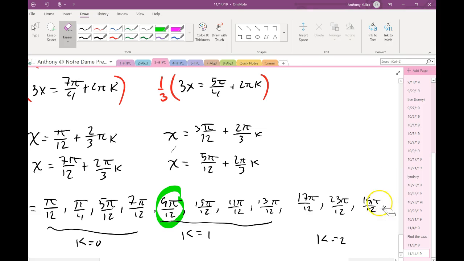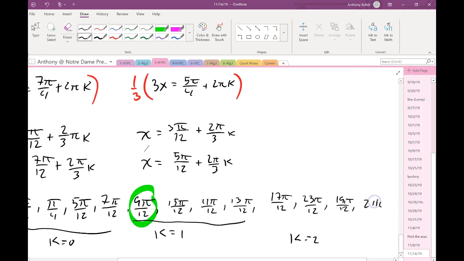Still less than 2 pi. And I get 21 pi over 12. Still less than 2 pi. Everybody's okay there? And if I do this one more time, obviously everything's going to be too big at that point, right? If I just look at the smallest one, if I add 8 pi over 12 to that, it's going to give me 25/12, which is bigger than 2 pi.